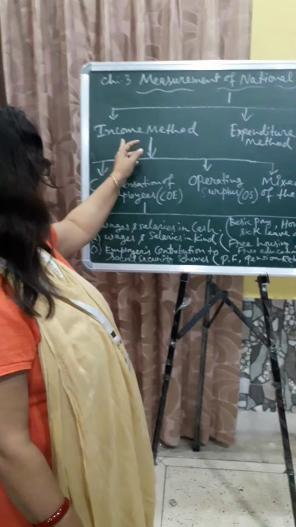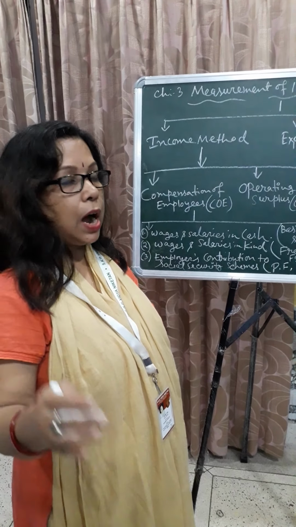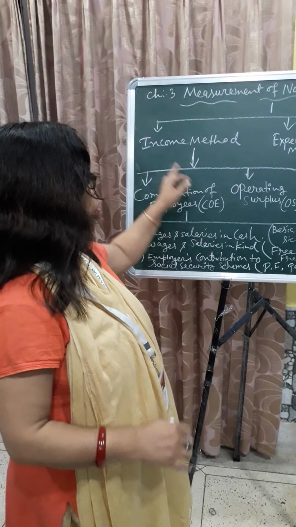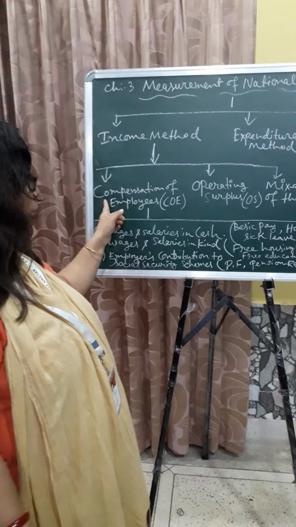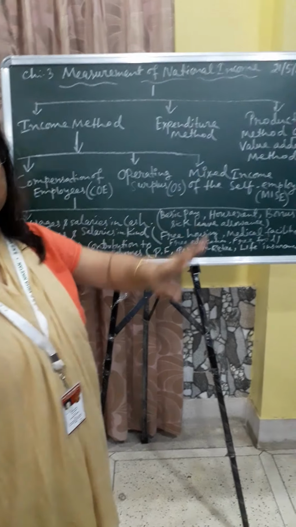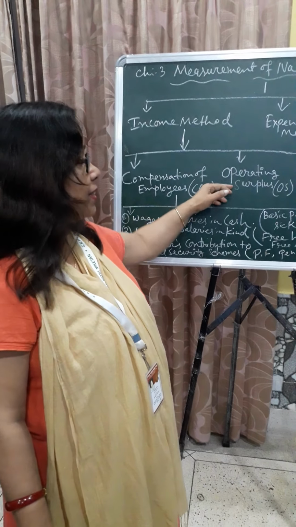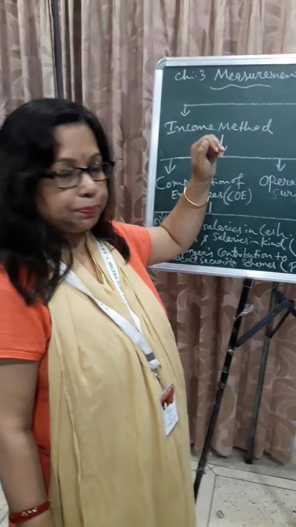Today I told the income method, in which the total income earned by the factors of production is calculated. The income method has three components: COE, OS and MISC. When these three components are added, we get the income.